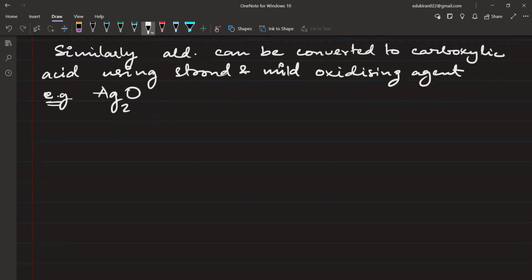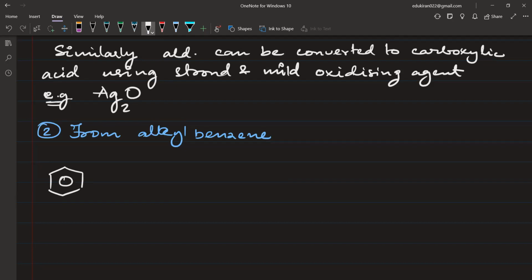Right, next. From alkyl benzene. Now in alkyl benzene, it doesn't matter what the length of the alkyl chain is, even if you have 2, 3, or 4, doesn't matter.